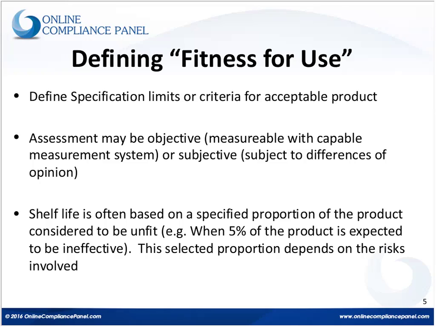So when we want to try to quantify shelf life, we need to set aside some percent that could fail to meet its fitness for use requirement at the shelf life. So for example, we might say we're going to define our shelf life to be the time at which 1% or maybe 5% of our product is expected to no longer be effective.